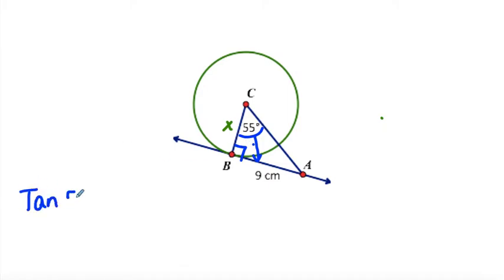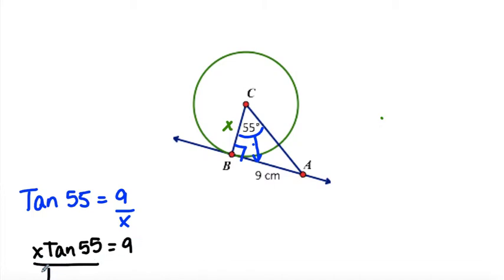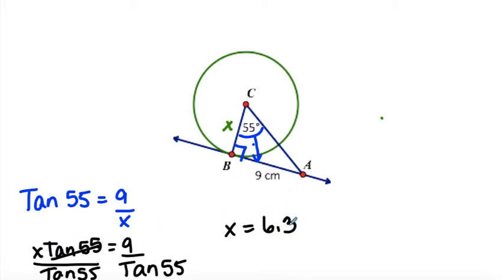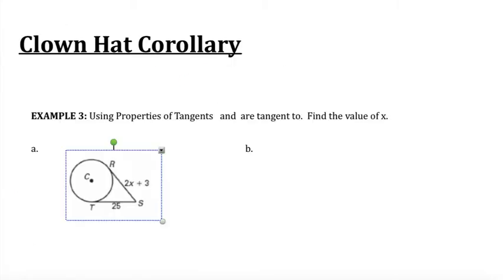So tangent 55 equals 9 over x. Now remember, we cross multiply, always putting the x in front of the tangent because tangent is a function. We can't multiply x to a function like that. And then divide by tan 55 on both sides. Once we put that into our calculator, x would be 6.3. All right, so that's how we use the radius to tangent theorem.